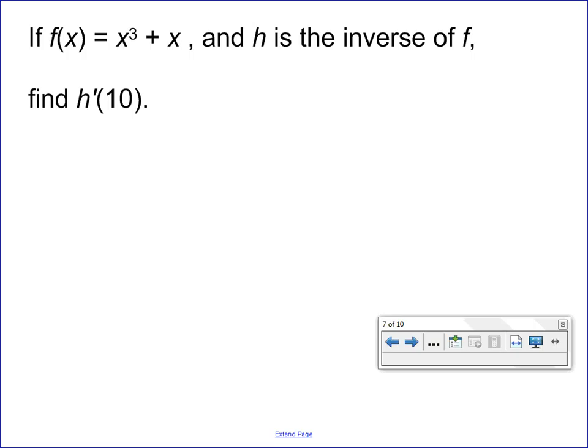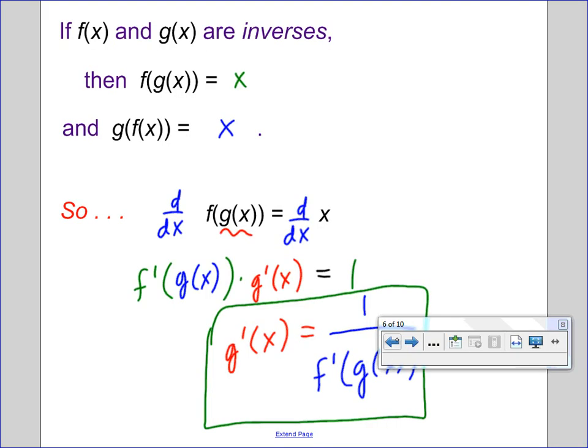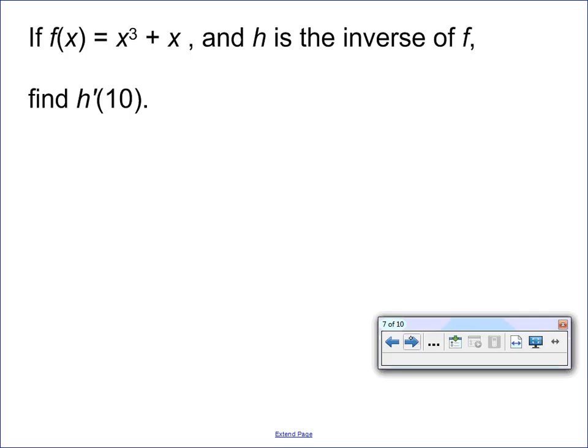What's the relationship between f and h? Well, f and h are inverses of one another. That means that f of h of x is equal to what? Is equal to x.